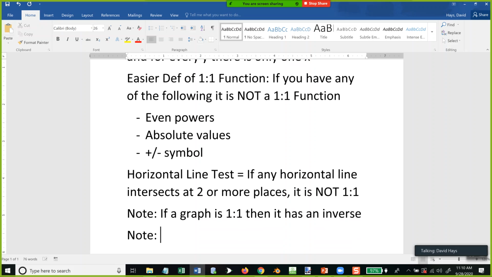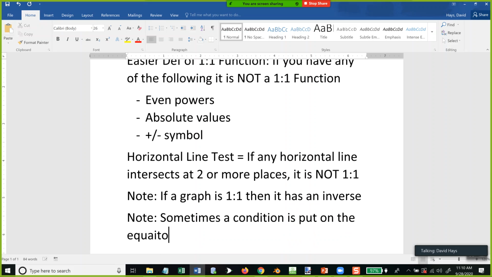And another note, sometimes a condition is put on the function, the equation, I should say, to make it 1-to-1.